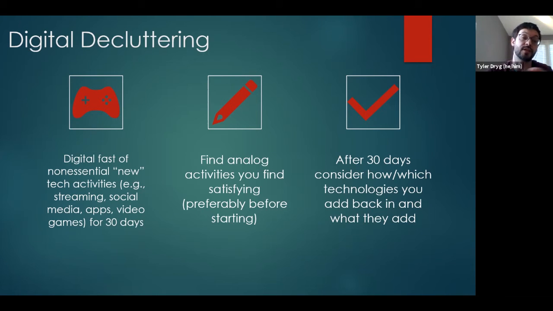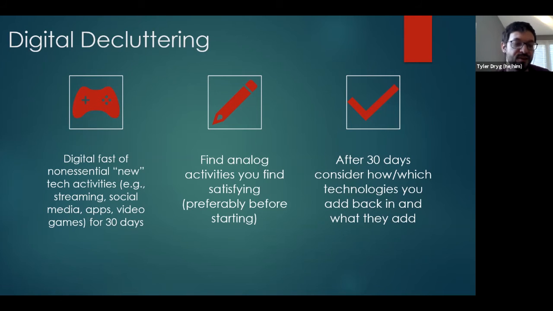So really stopping any kind of non-essential activity for a period of 30 days. This includes streaming, social media, any apps on your phone, video games, if that's something you practice, really cutting out all that you don't need for work.